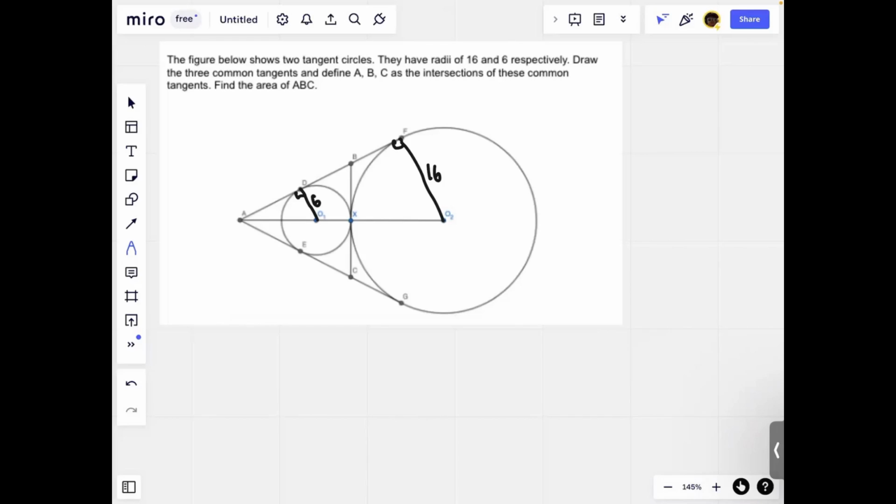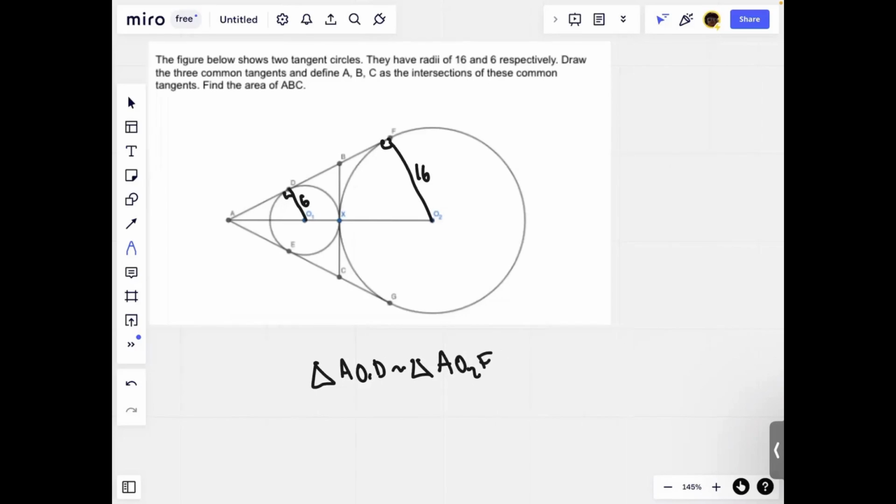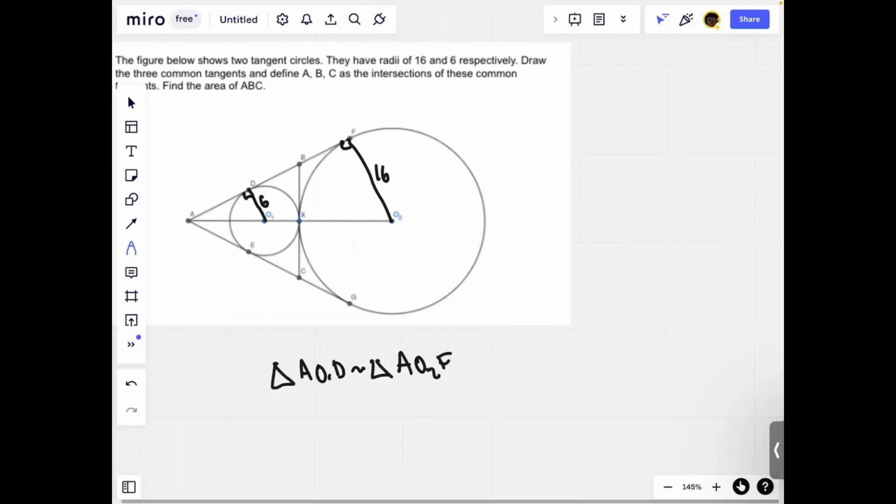So we know that triangle AO1D is similar to triangle AO2F. So we know that O1X is 6 and O2X is 16. So O1O2 is 22.